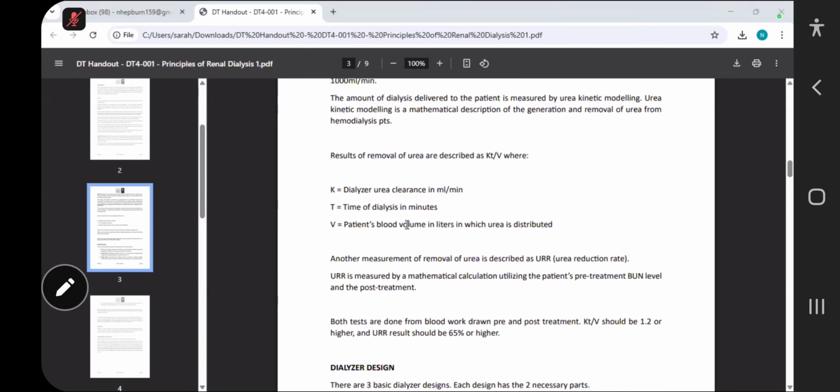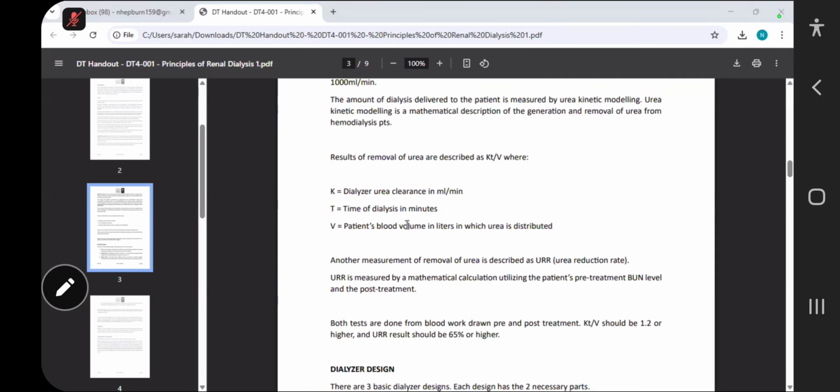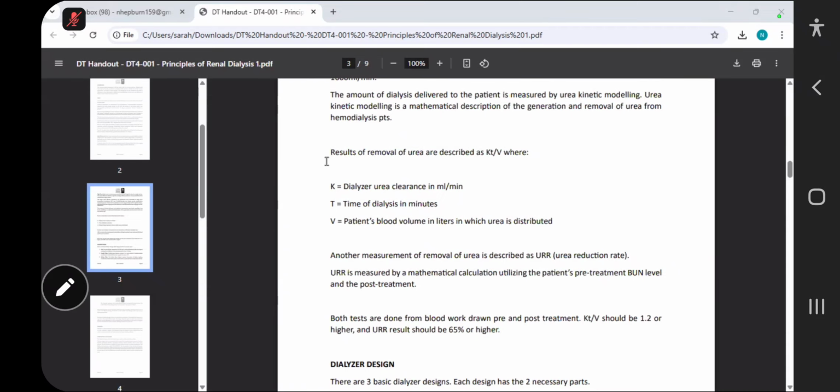But for now, when coming to the KTV, you see this part here, with the KTV, I would like you all to know what it is. What does KTV mean? So learn what the K means, what the T means, what the V means, right? So you know that the K is the dialyzer urea clearance in mLs per minute.